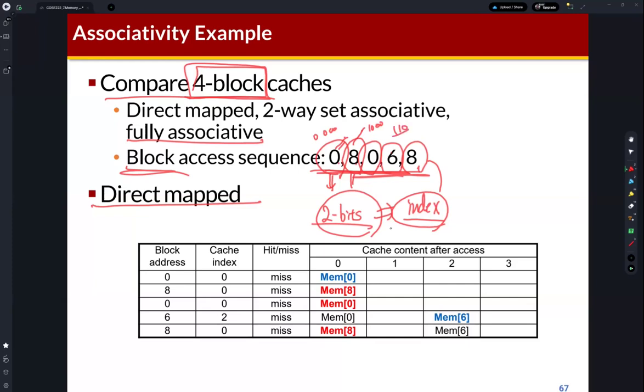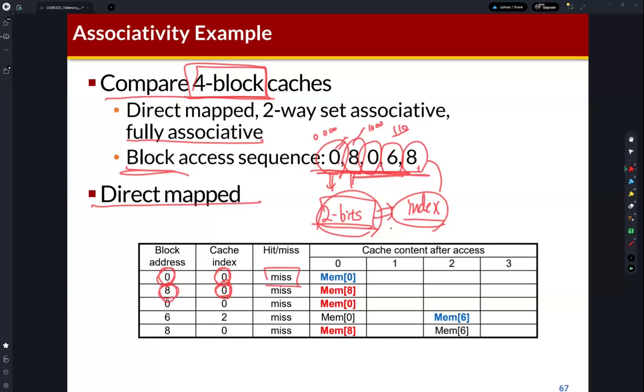So the first request is 0, then the cache index, the last two bits, is 0. Firstly it's a miss, because the cache was empty, so all cache blocks are invalid. So it's a miss.